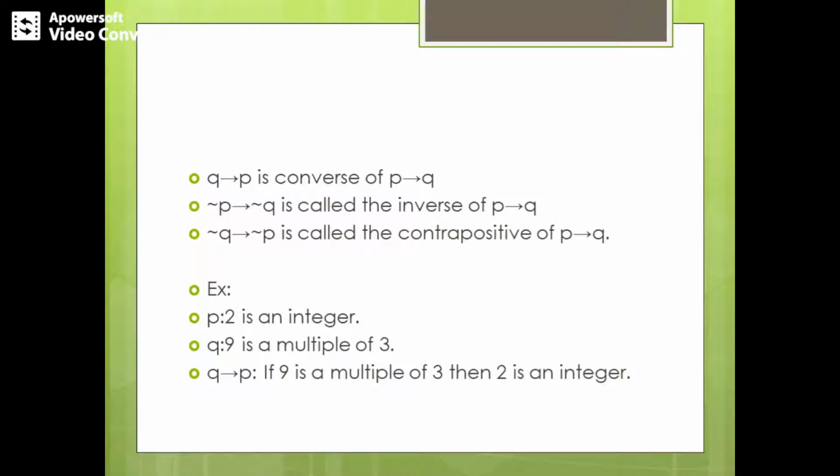The contrapositive is negation Q implies negation P: if 9 is not a multiple of 3, then 2 is not an integer. This is how we write the converse, inverse and contrapositive given the conditional P implies Q.